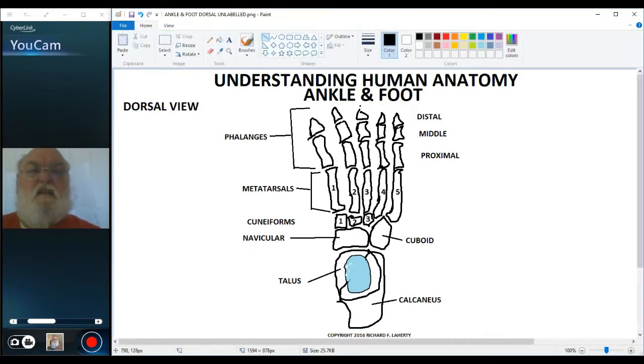I'll connect lines here. And in the case of the first digit, we just have a proximal and a distal phalange.